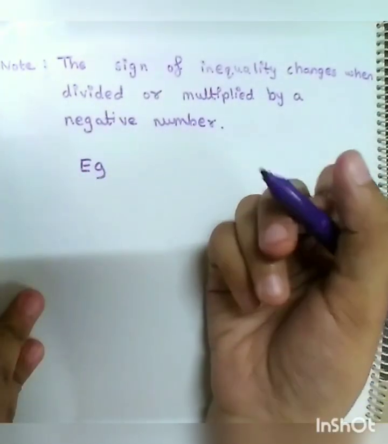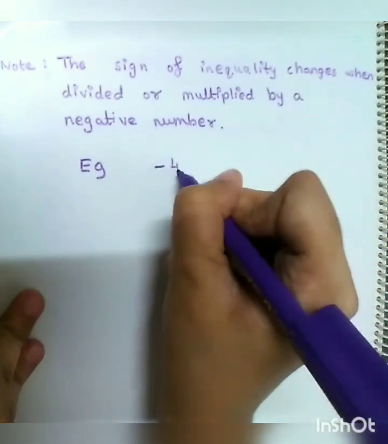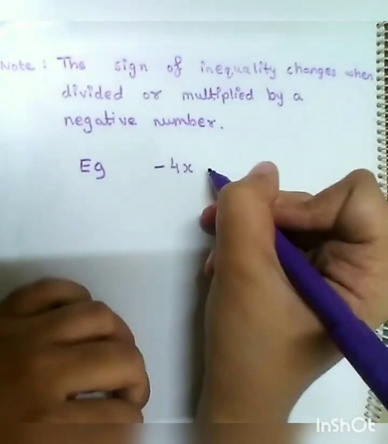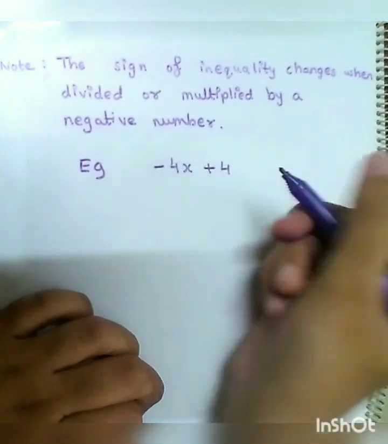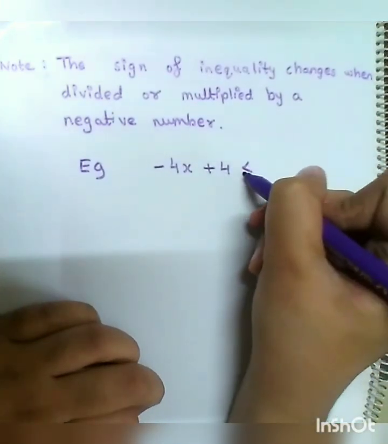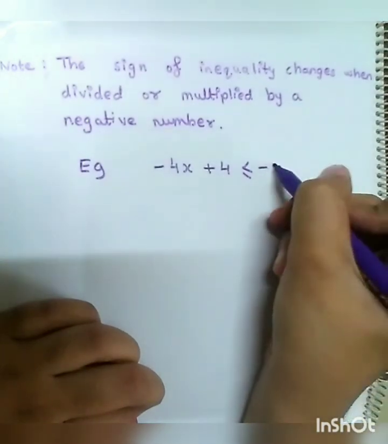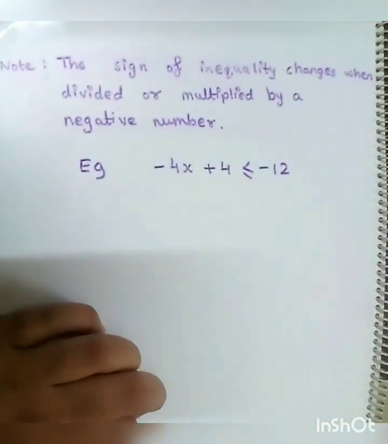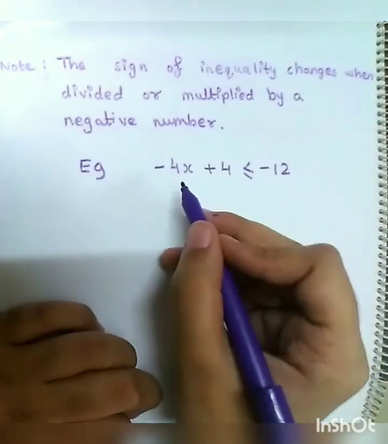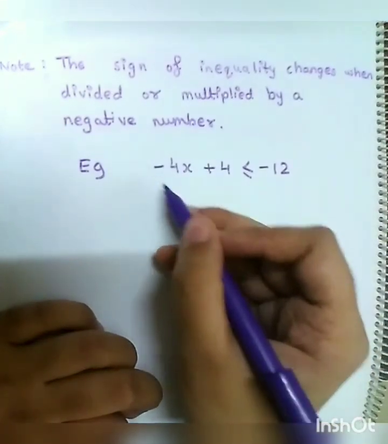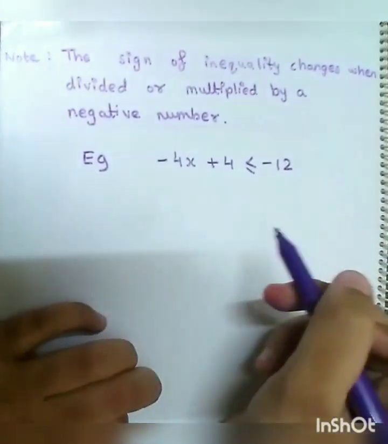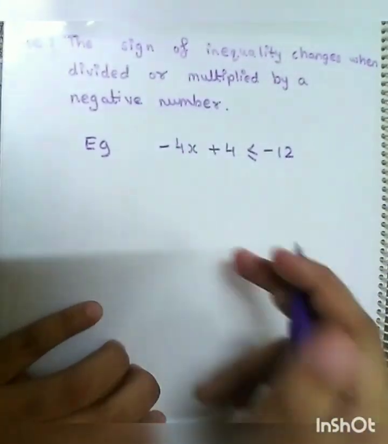The example is minus 4x plus 4 is less than or equal to minus 12. Here the variable x has a negative, minus 4, multiplied. Let's solve it first, then I will explain this note.